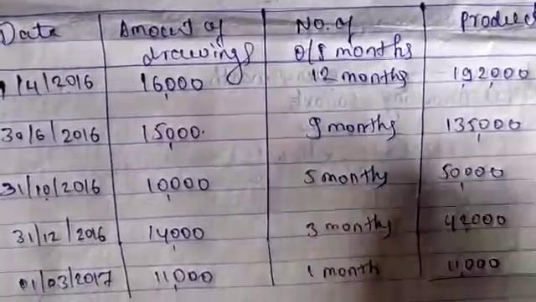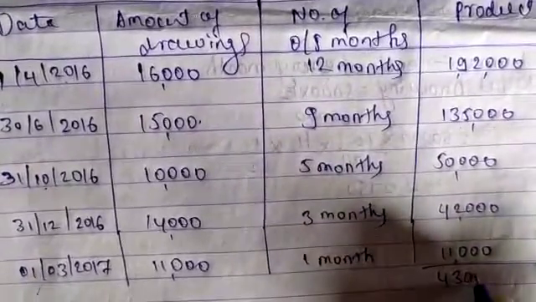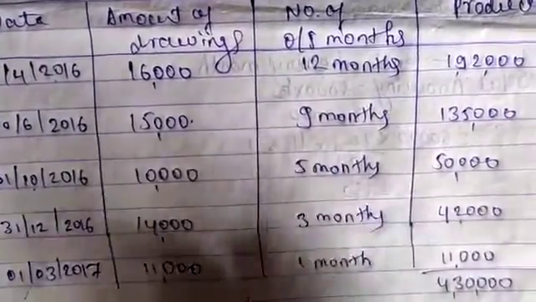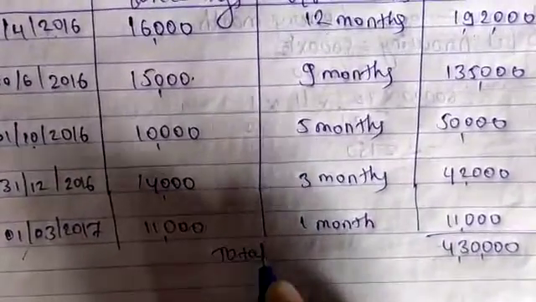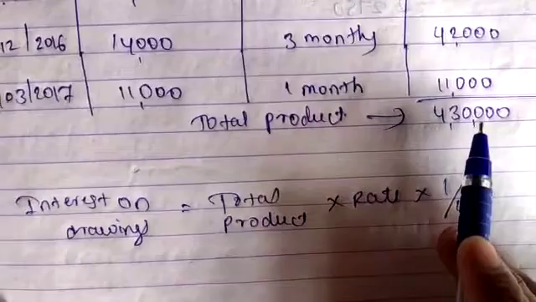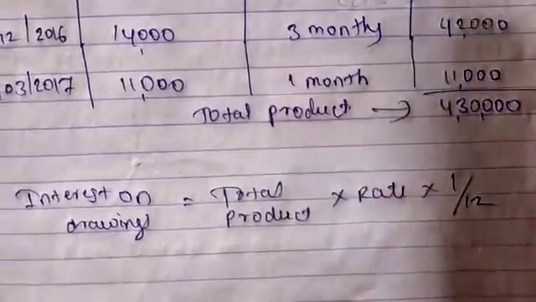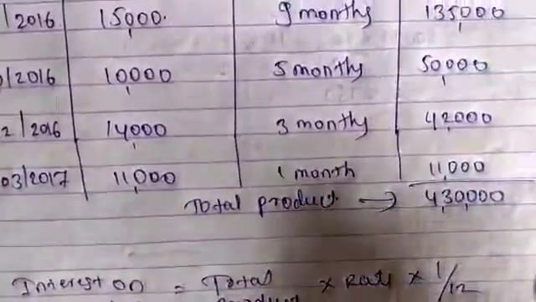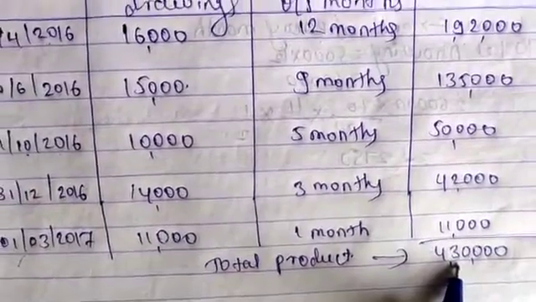So total it. Total becomes 4,30,000. By adding the product amounts, the total product becomes 4,30,000.